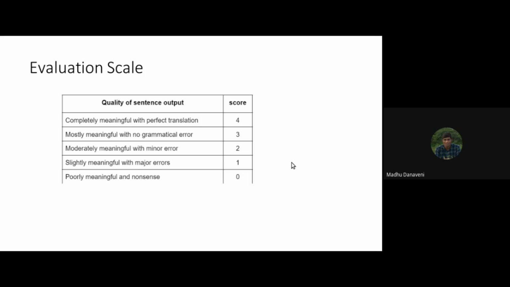If there are minor fluency errors but no grammatical errors, it is given 3. Moderately meaningful with minor errors like typos and orthographic errors is 2, and slightly meaningful with major errors like structural issues comes under scale 1. Poorly meaningful and nonsense, with no meaning at all from the text, is the lowest.